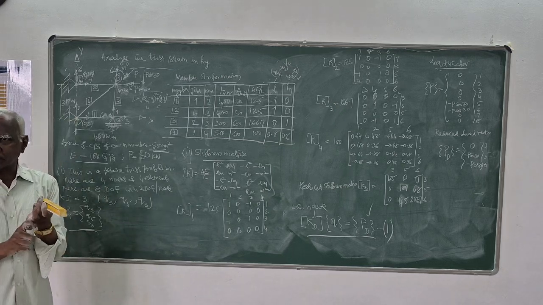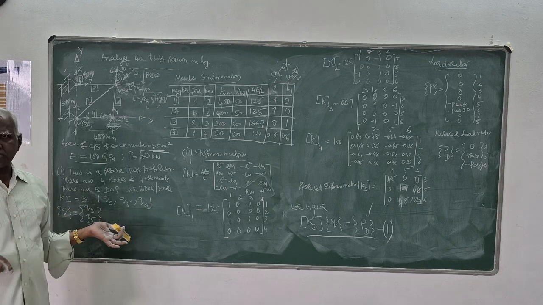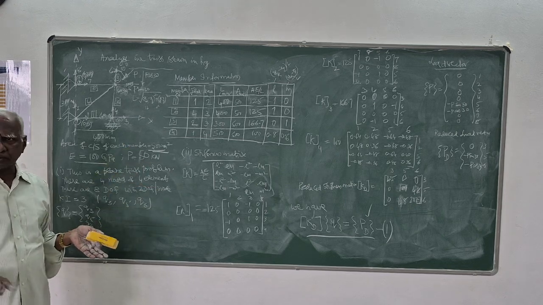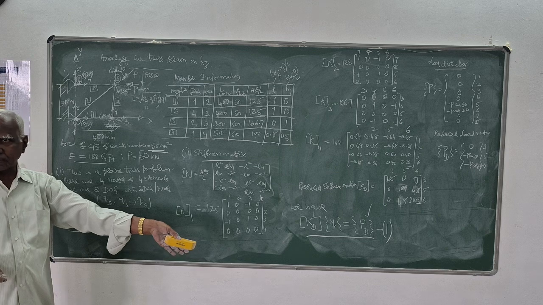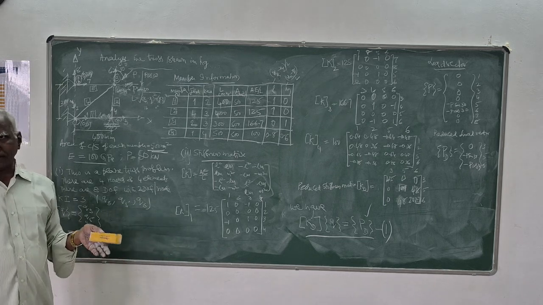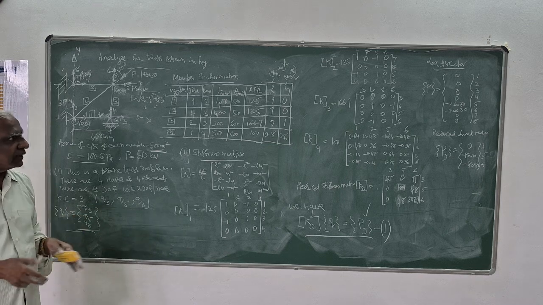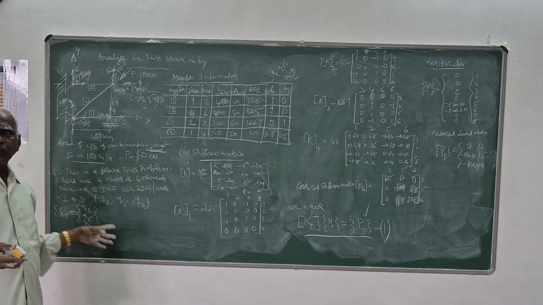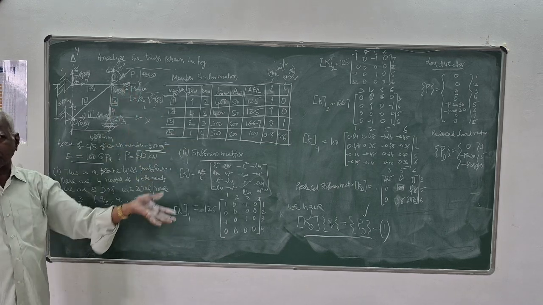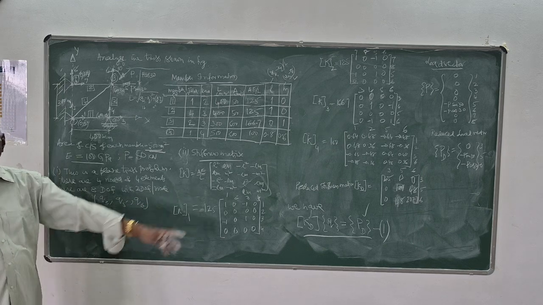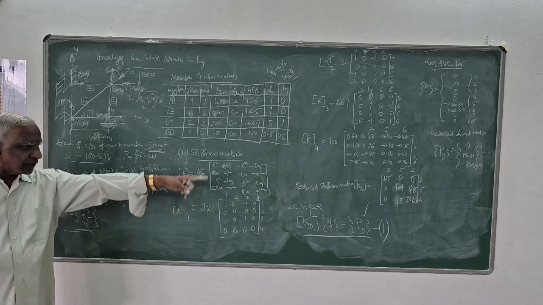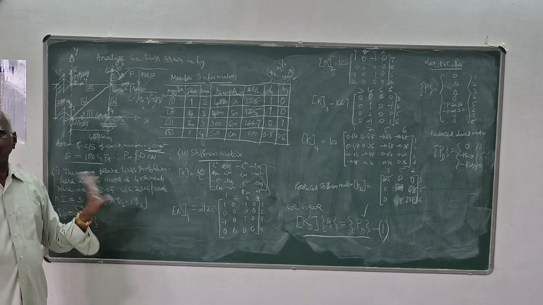I have developed the equation for stiffnesses and I have given the procedure for computing load vectors due to temperature change, lack of fit, that is pre-strain, whenever it is given, and how to develop the structure stiffness matrix, then from that how to take the reduced stiffness matrix and reduced load vector.